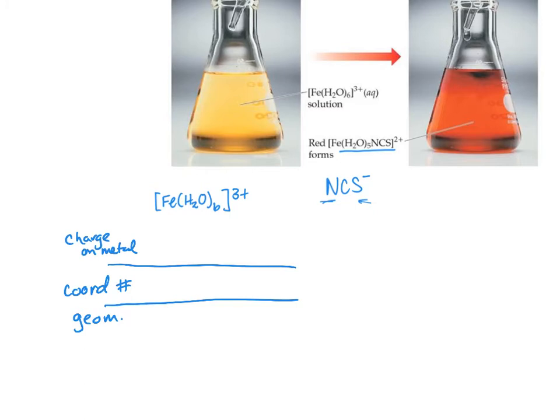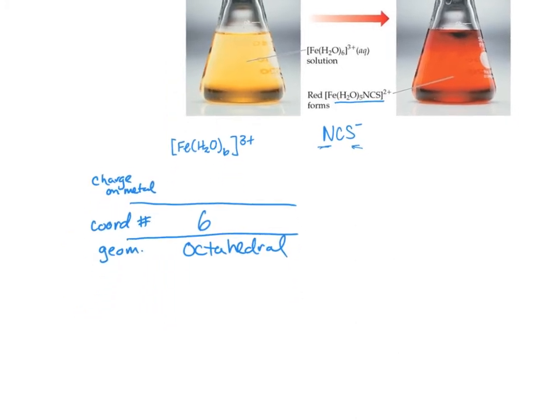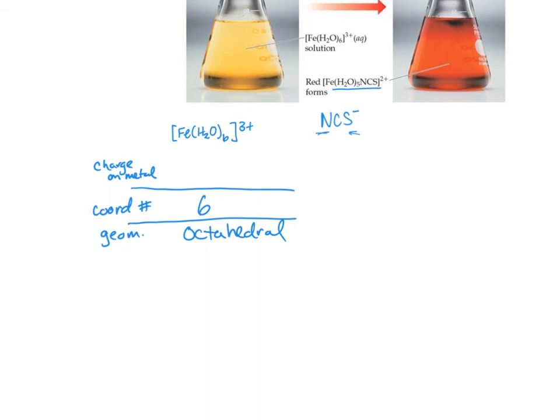What do we get for our coordination number? I'd like to start there. 6. Again, octahedral geometry. So what about the charge on iron? We know that the overall charge on the complex ion has to be +3. What's the charge on water? 0. So the charge on iron has to be +3.